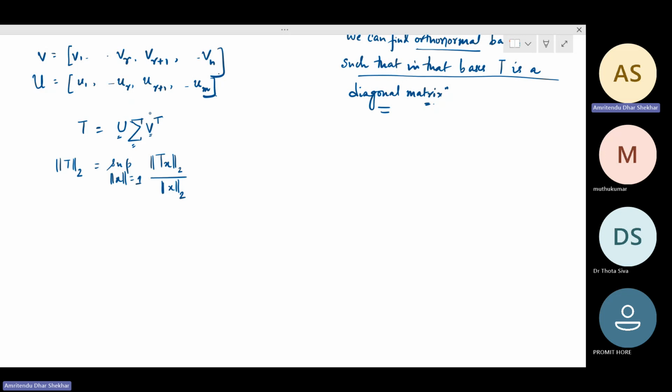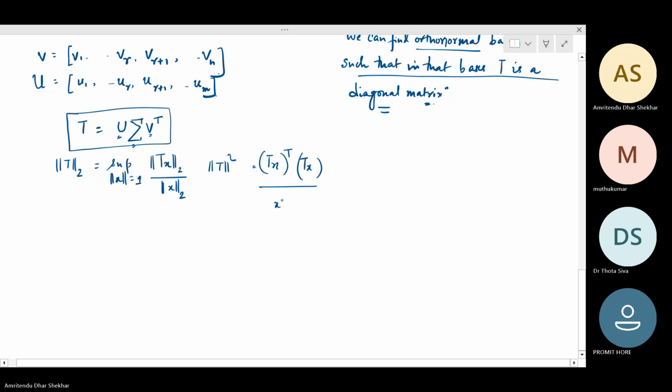But this statement holds for any matrix. This doesn't have to be a diagonalizable matrix. So you can write this, if you take the square of both sides, as the supremum of (Tx) transpose times Tx divided by x transpose times x.